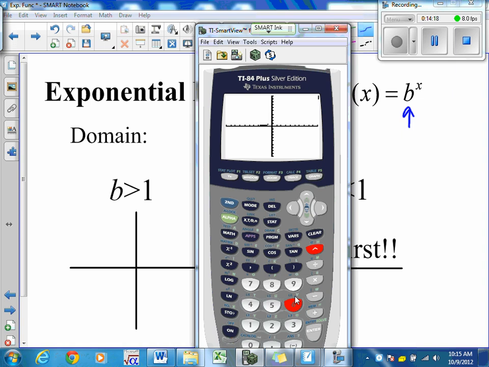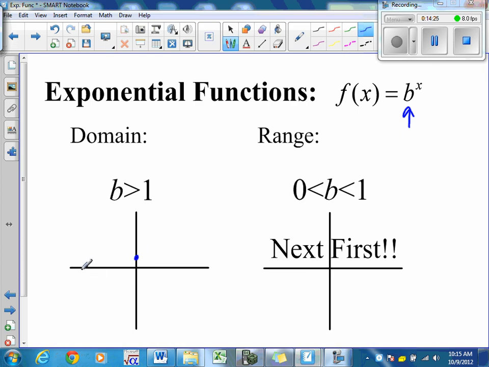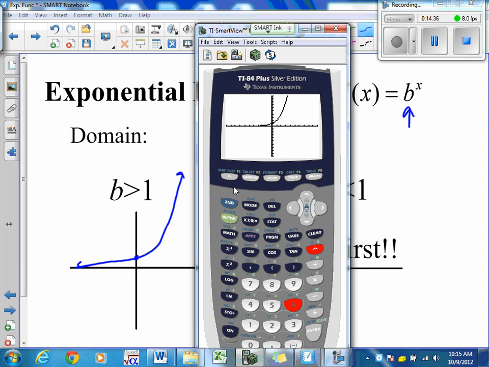We looked at this last week on the review. We get a graph that looks like that. So it goes through the point 1 and curves up like that. And it probably levels off here more than I drew it, I didn't draw it very good. But you can see that's what it looks like.